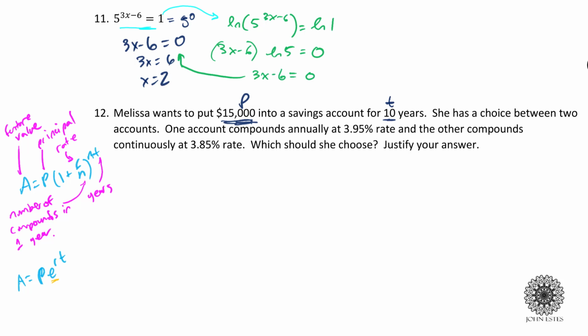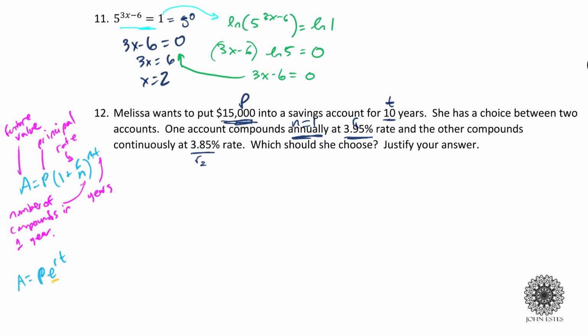The first one has a 3.9% interest rate, so I'll call that R1, and it compounds annually. So that means here your N equals 1, right? Because that's the number of compounds per year. The second one is continuously compounded, so I don't need an N value for that, with R2 being 3.85%.